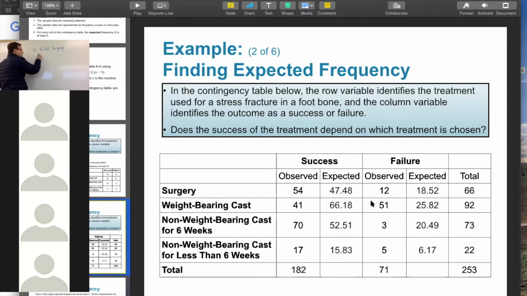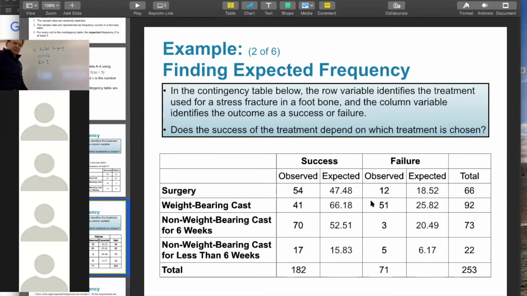And so O equals 12 in this case. The question I want to ask now is, assuming that the result of the surgery is independent of the procedure chosen, what should the number of expected frequencies have been? So ultimately I want to see how far off what was observed is from what was expected.